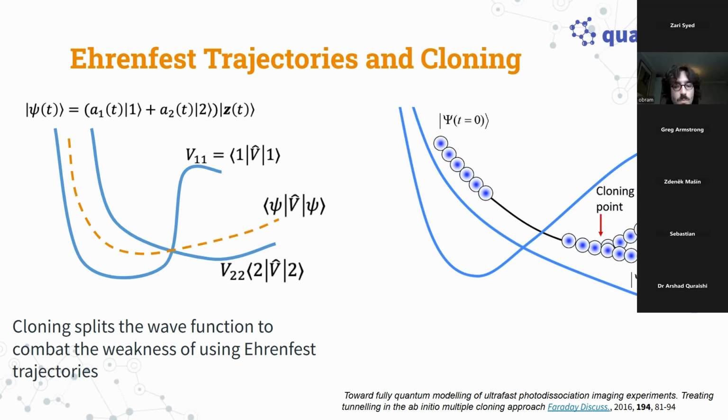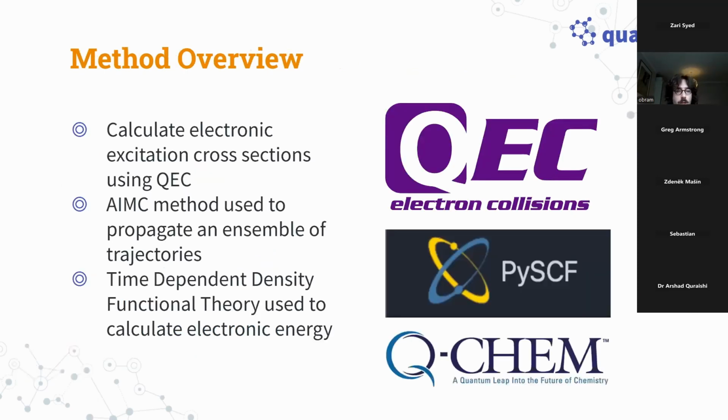So how the method works is we calculate some electronic excitation cross sections using the Quantemol QEC software, and that gives us an idea of what our states 1 and 2 will be.